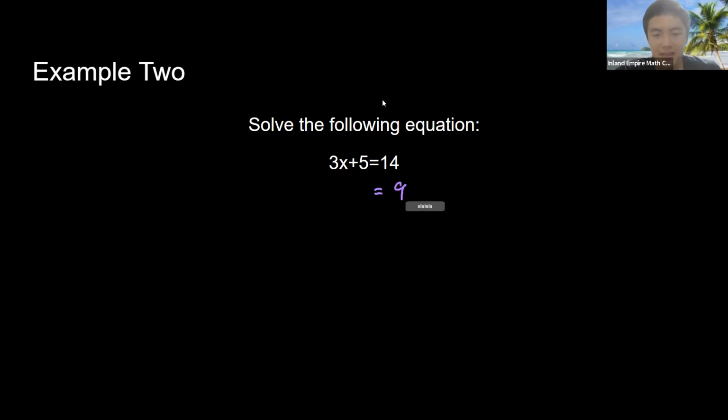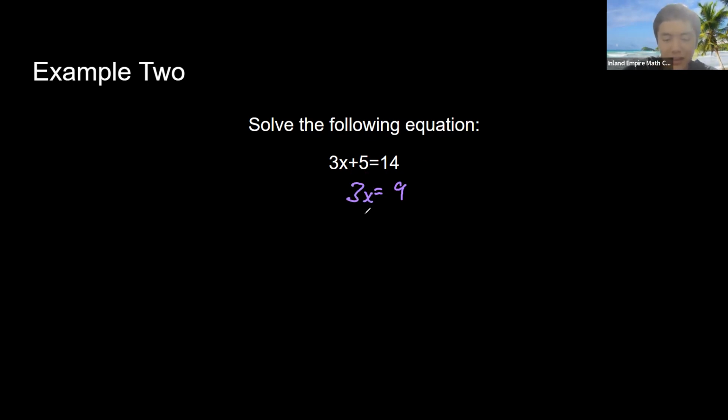Justin says that x equals 3. I think that is correct, Justin, but why don't we go ahead and solve this using analytical methods? The first step is, as Jonathan wrote, we subtract 5 from each side and you end up with 3x equals 9. Because if you subtract 5 from both sides, the 2 sides remain equal.